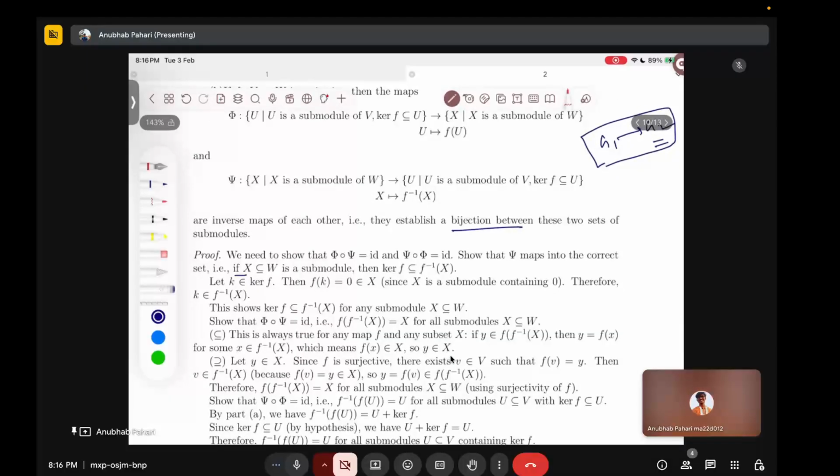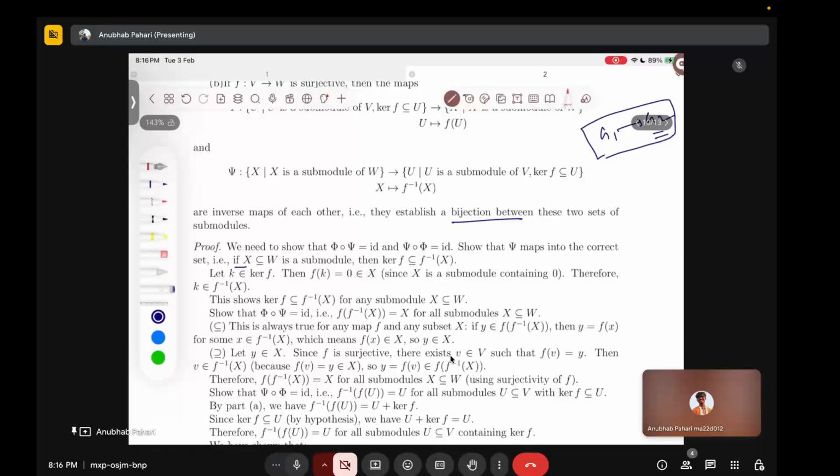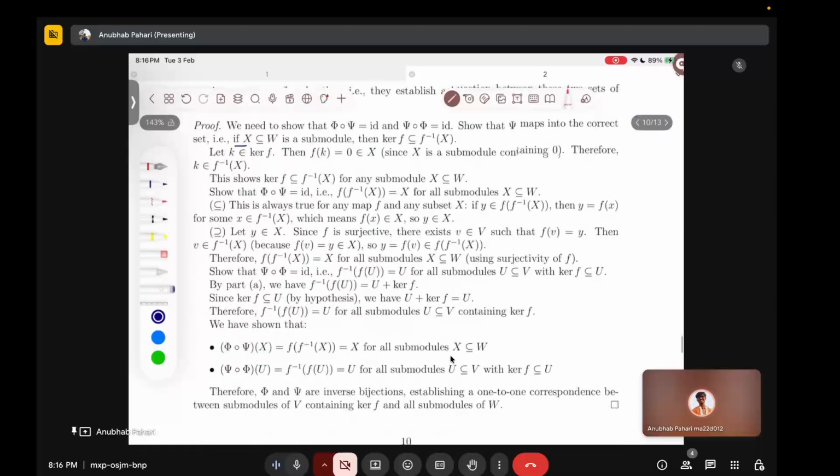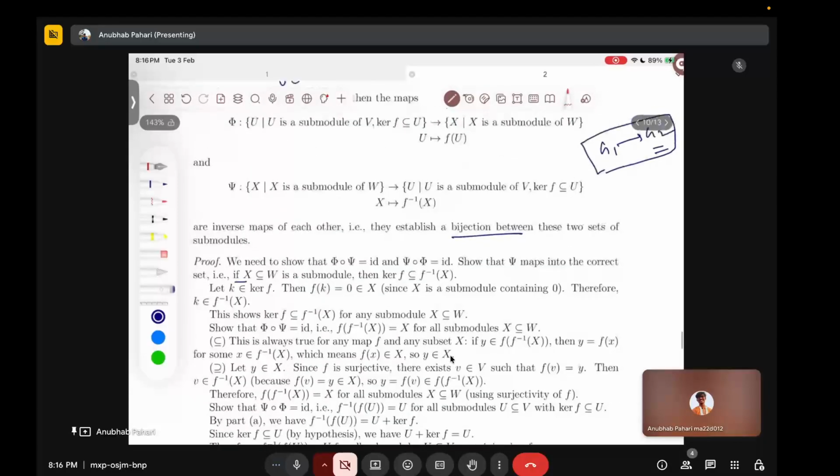Now what we will show is that phi composed with psi is the identity. This implies that f of f inverse of X is X for all submodules X of W, right? Phi of psi equals identity means phi of psi of X should be X, right?